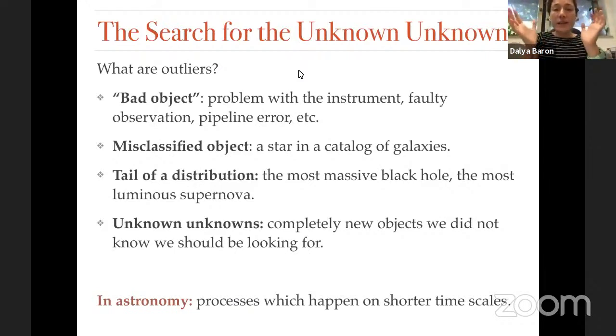Imagine that in every galaxy in the universe, something happens, a process that takes place over a period of 1,000 years or 1,000,000 years. What is my probability of detecting a galaxy during this phase in a large dataset like the Sloan Digital Sky Survey? The probability is very low, just because the timescales are very different. So even if this process is extremely important and happens in every galaxy in the universe, it will appear as an outlier in my dataset.